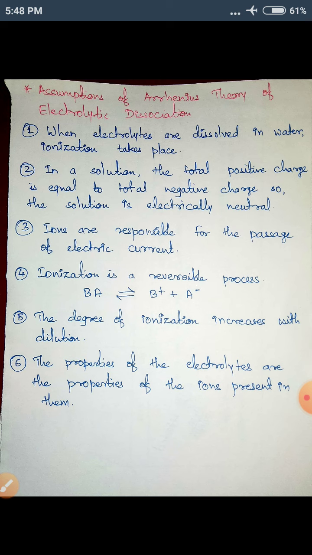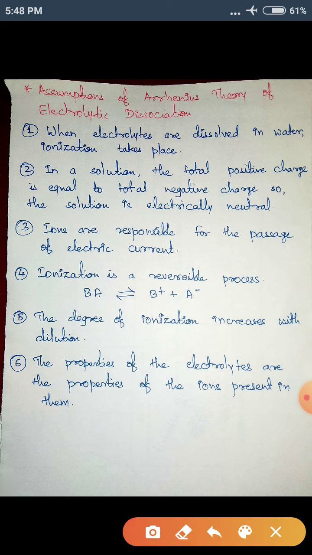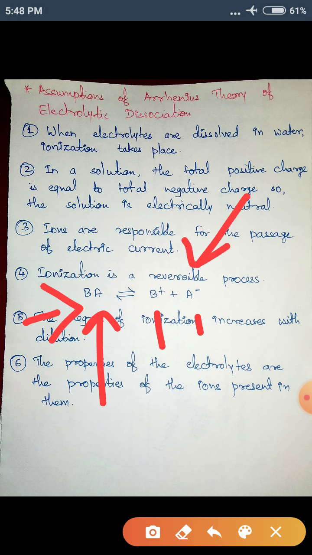Now, coming to the fourth point, ionization is a reversible process. Consider a salt or electrolyte BA. When we dissolve it in water, we get free charges, B plus and A minus. So we have salt BA and we got ions B plus and A minus.